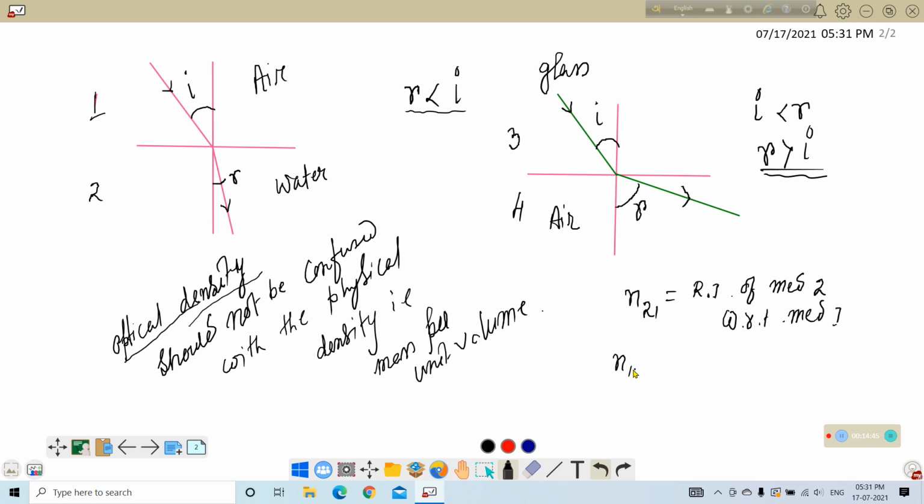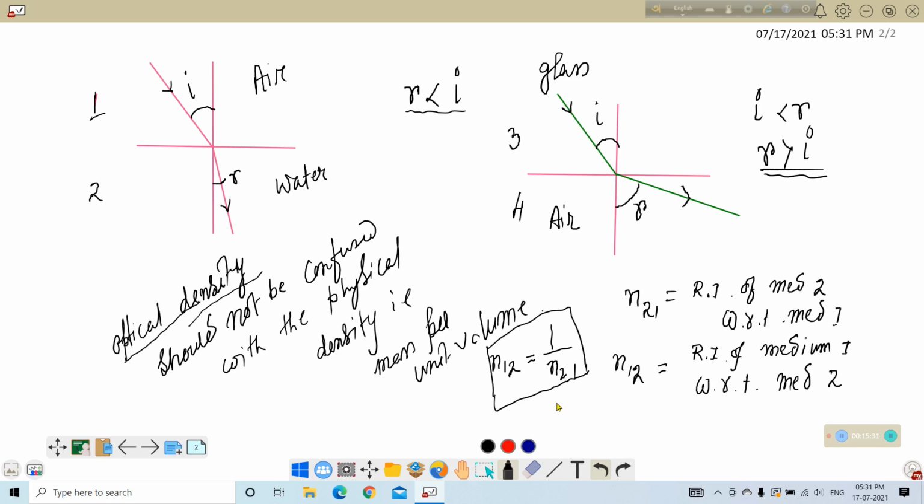Similarly, n12 can be defined as the refractive index of medium 1, just opposite, with respect to medium 2. And it can be proved that n12 is equal to 1 by n21, etc. That means the reciprocal is also true.